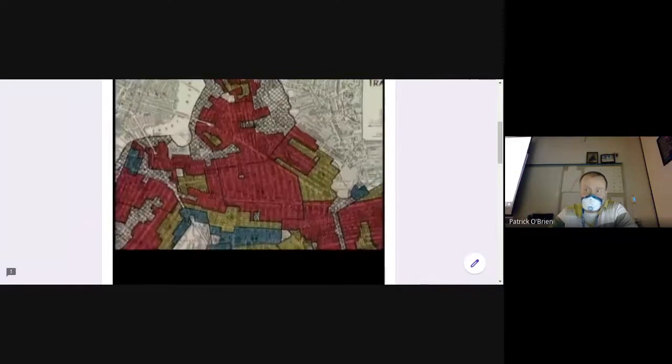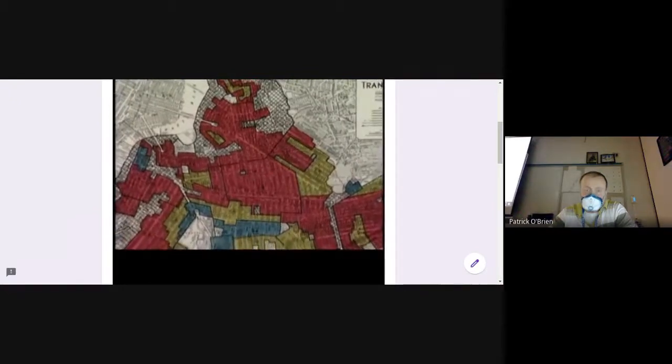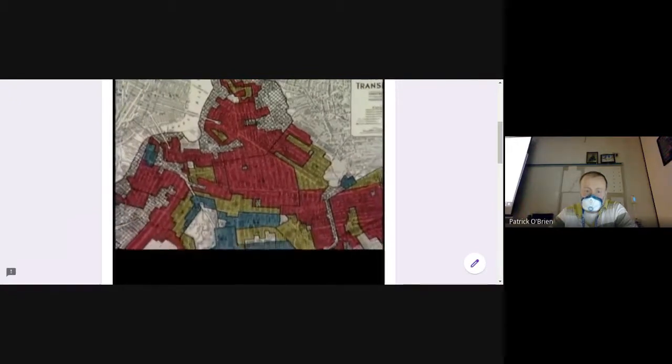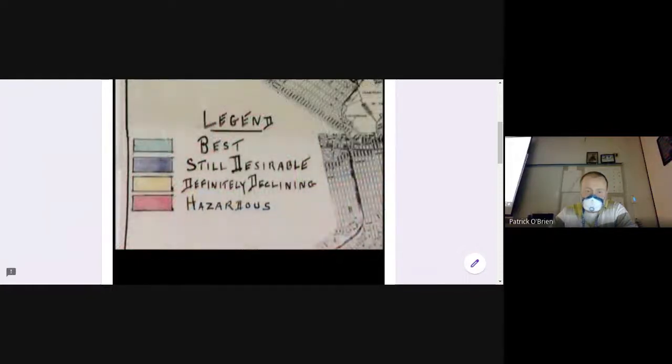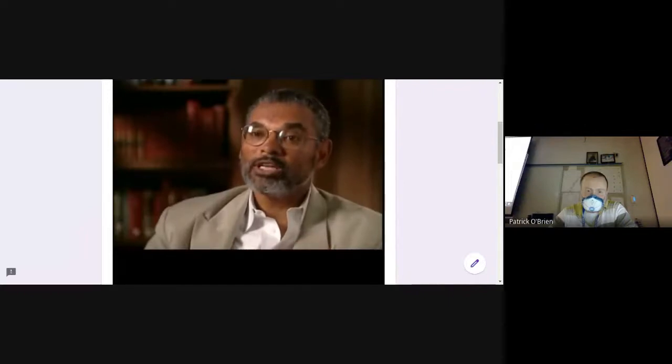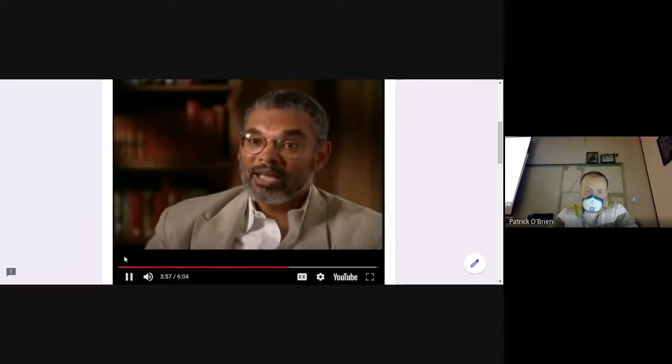Those communities that were all minority or in the process of changing got the lowest rating, and the color red. They were redlined. As a consequence, most of the mortgages went to suburbanizing America, and it suburbanized it racially.